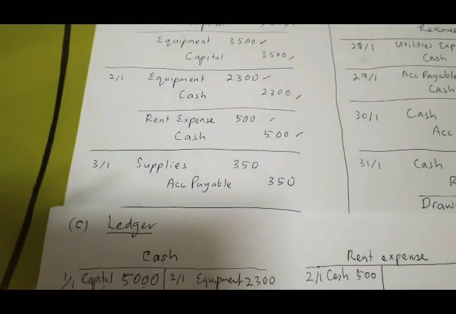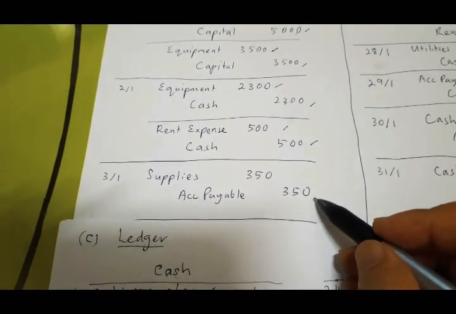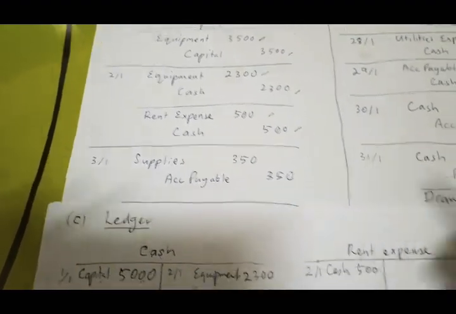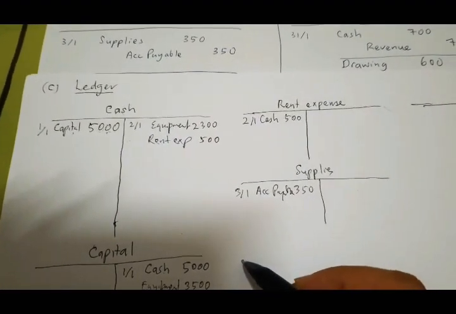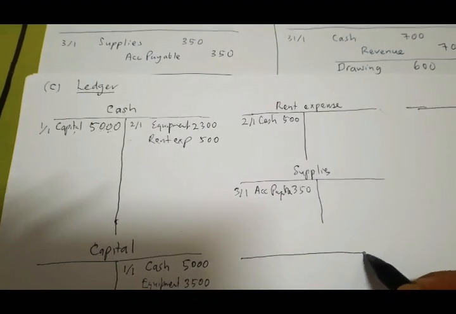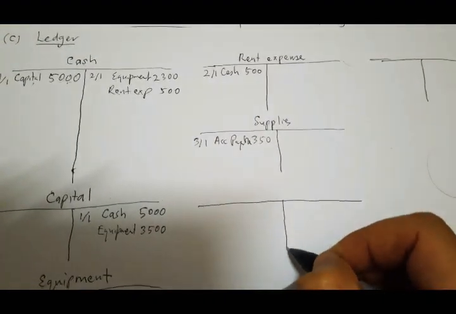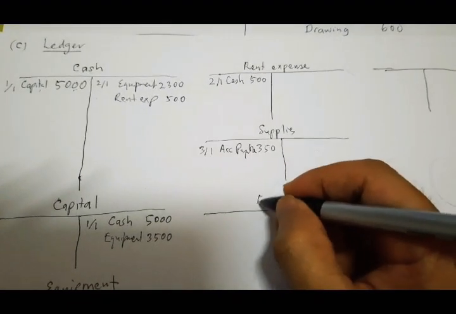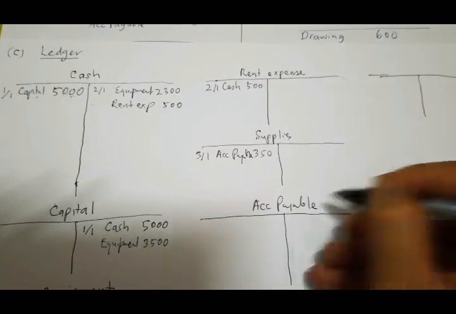And then the second entry on the 3rd of January is you have to credit account payable 350. So there is no account payable yet. So you create a new account for the account payable. So this is account payable.